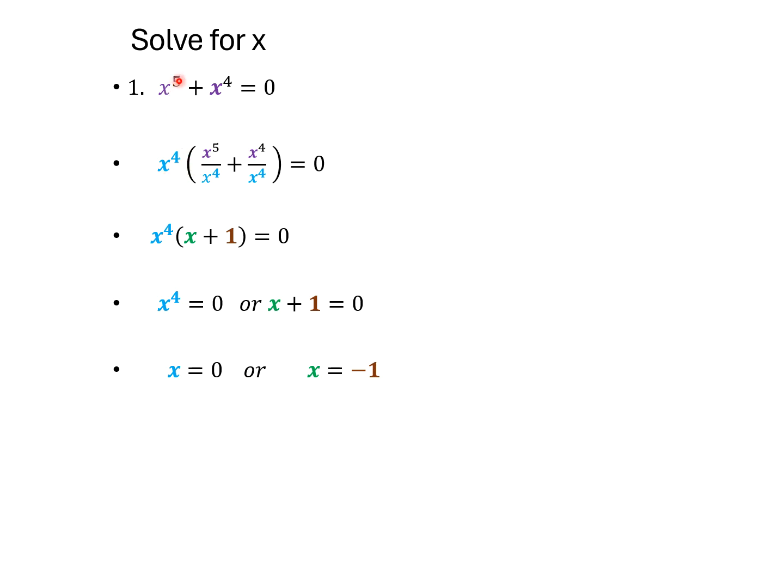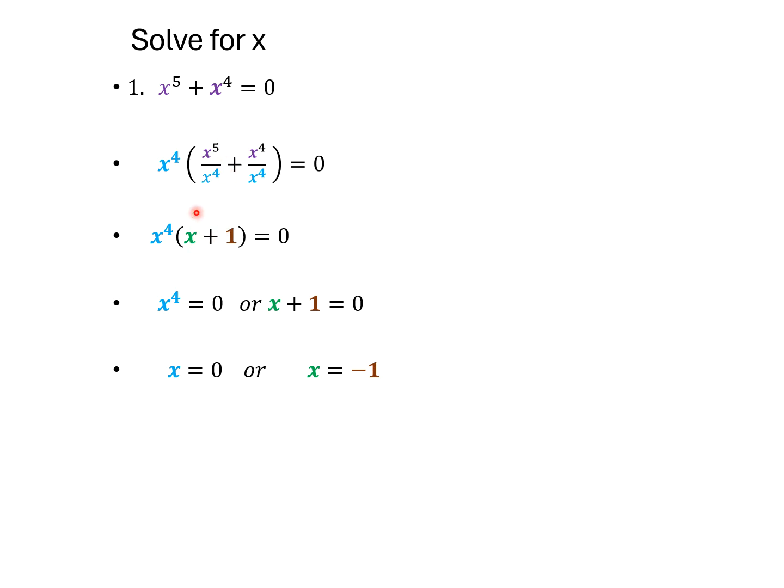So when I say I'm taking out x to the power 4 as a common factor, this becomes x to the power 5 divided by x to the power 4 plus x to the power 4 divided by x to the power 4. That's what I'm doing when I take out the common factor. Now I'm applying law 2 of exponents. If the bases are the same and I'm dividing, I subtract the exponents. So 5 minus 4 gives me 1.